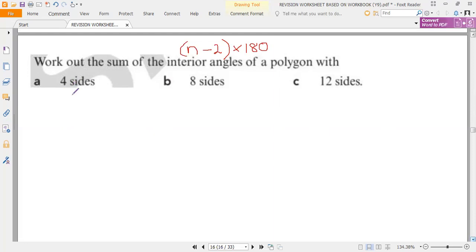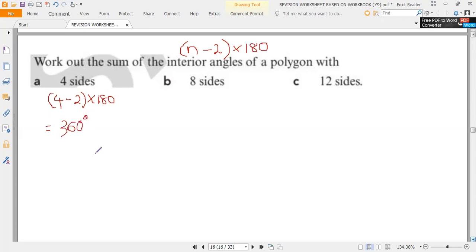So to begin with, n minus 2, right? The number of sides is 4, so in this case, n is actually 4. So 4 minus 2 times 180, which is 2 times 180, 360 total.